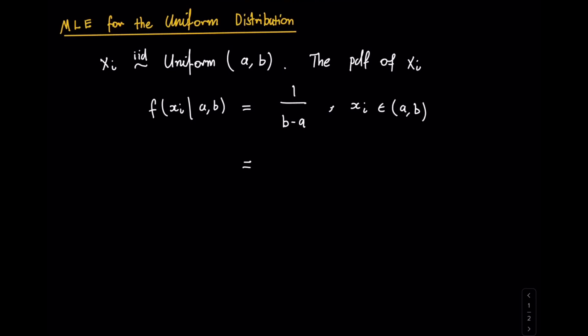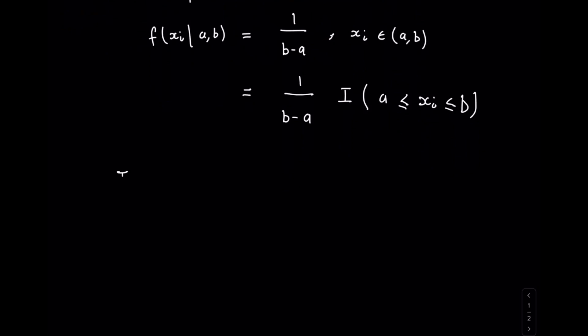That is actually the equivalent of 1 over b minus a multiplied by what I'm going to call an indicator function, which I'm going to write like this.